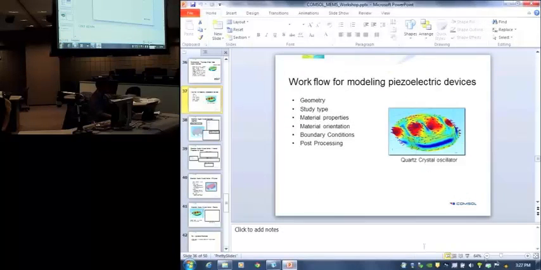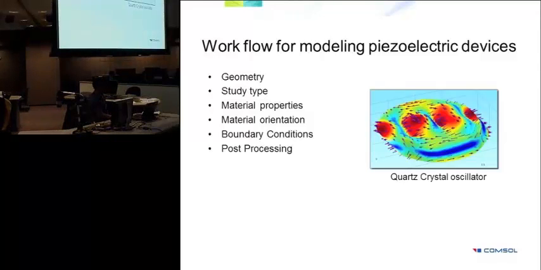So our steps are as shown in the slide. We draw the geometry, which is pretty simple. It's just a cylindrical crystal. Study type, we are doing a frequency response analysis. Material properties, the quartz crystal. Material orientation, this is something you have to be very careful about and define a local coordinate system, usually provided by the supplier. You can get from the supplier the Euler angles for the particular cut.